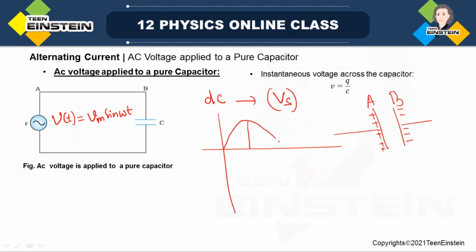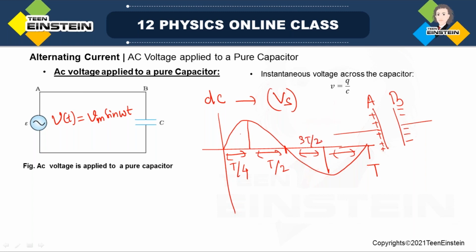Suppose I break it into four, like this. This is one quarter, another quarter is this one. Again, this is the third quarter, this is the fourth quarter. So as a whole, it will be the full cycle.